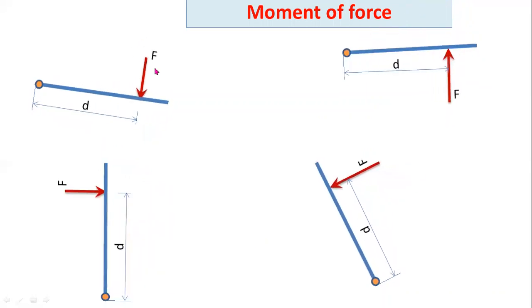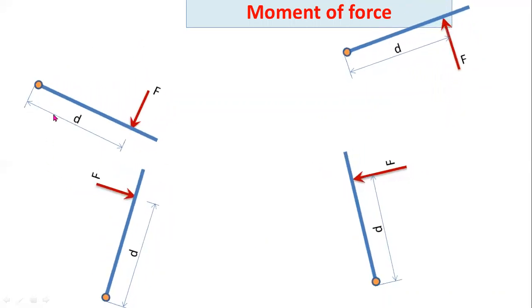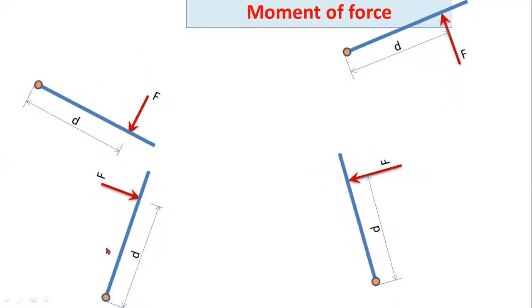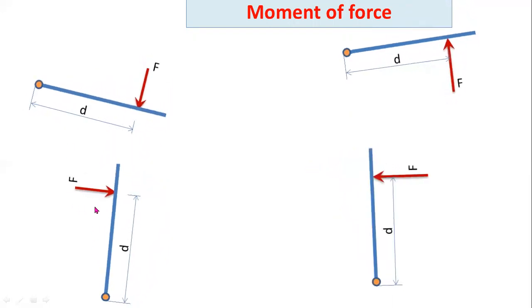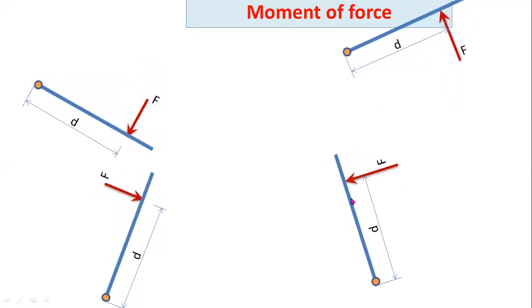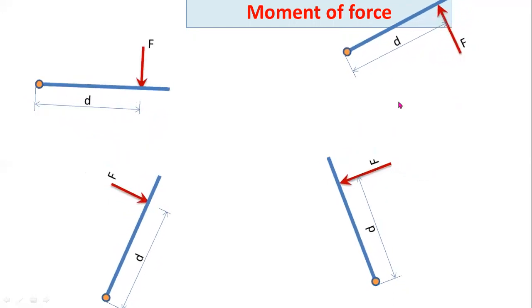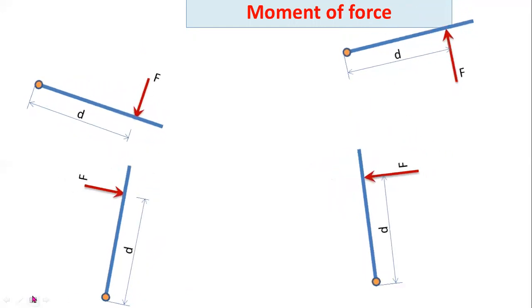You can observe clearly these two are the clockwise couples or clockwise movements, and these two are the examples for anti-clockwise movements.